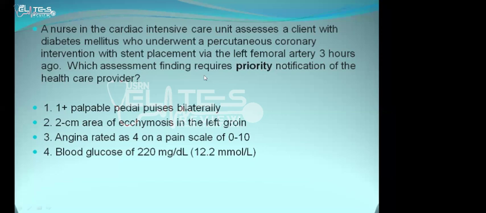The stent is like a wire mesh that we place around where the blockage is, just to open it wide for blood to be able to pass through that joint and extend to the heart muscles. So after this placement, if it is working effectively, patients should feel no pain.